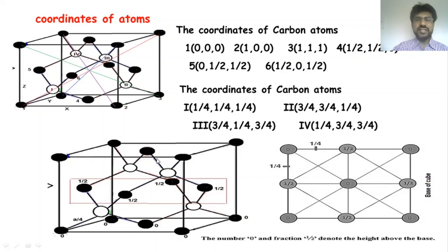Now its distance is 1/2, that means these atoms from the upper face are at the 1/2 distance, located at the 1/2. Okay, now see here from this point to this point its distance we can see is 1/4, 1/4, 1/4, 1/4.